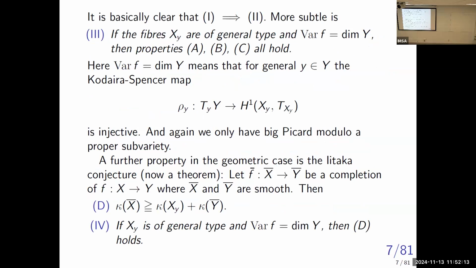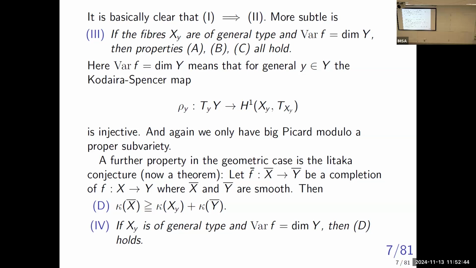So that is basically clear that one implies two, and this is what I just said. For in the geometric case to have the result, what you need is that for general Y, the moduli of the fiber moves non-trivially on the base.